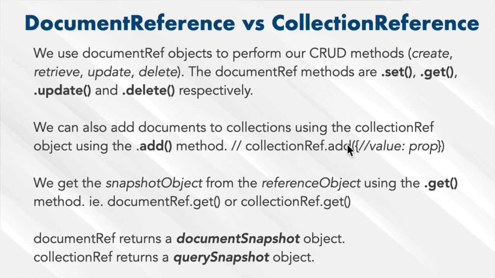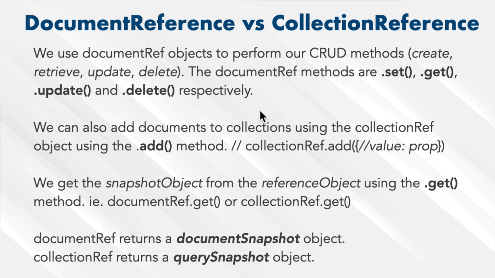We also are able to get our snapshot objects from these reference objects by calling the .get method on either the document ref or the collection ref. The document ref gives us back a document snapshot object, whereas the collection ref gives us back a query snapshot object, which I also call a collection snapshot object.